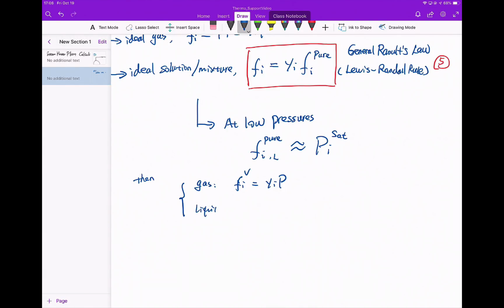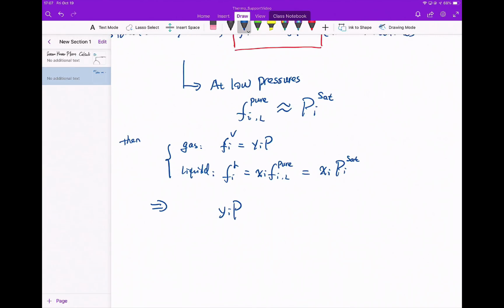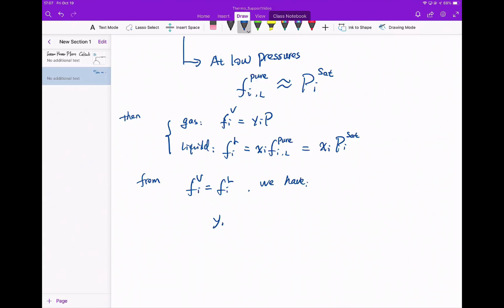For the liquid, fi of the liquid is xi fi pure, which is xi Pi sat. Therefore, from fi V is always fi L, we have yi P.